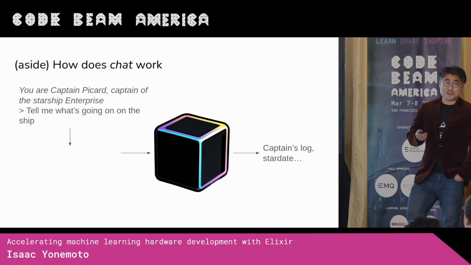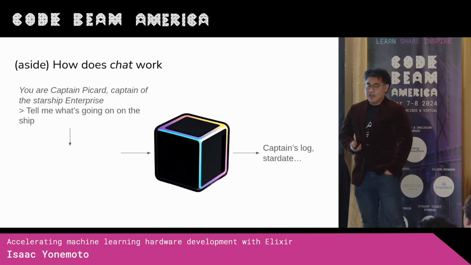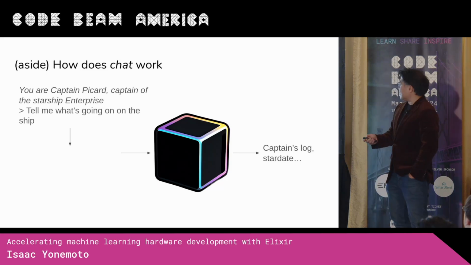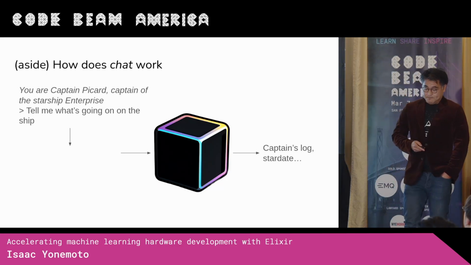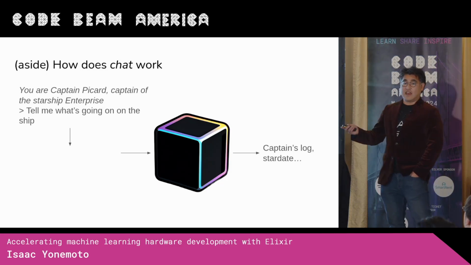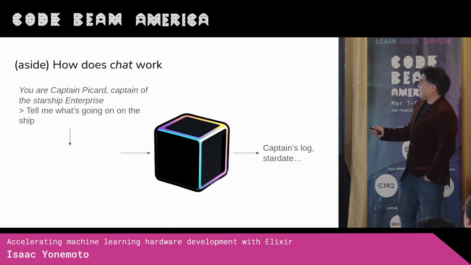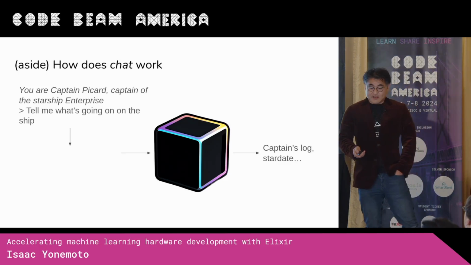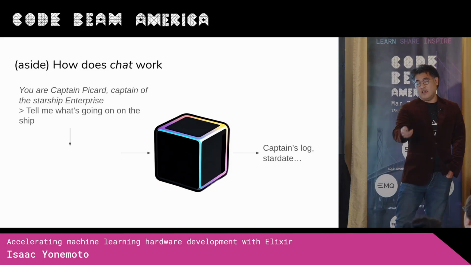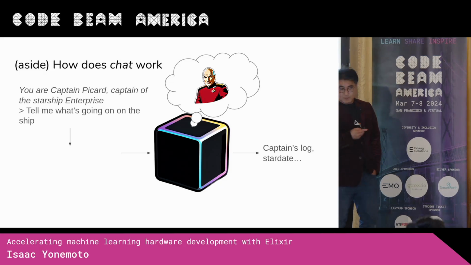As an aside, how does chat work? Probably most of you have interacted with an LLM in the chat mode. The way that works is you've got this thing at the top that I have here in italics, which is a context. So you set this and say, hey, this is who you are, LLM. And then you give a prompt, which is what you say. And then the LLM will respond with whatever it thinks should be the next thing. So based off of the combination of what you're telling it and what the context is, it gets a model of what it should be.